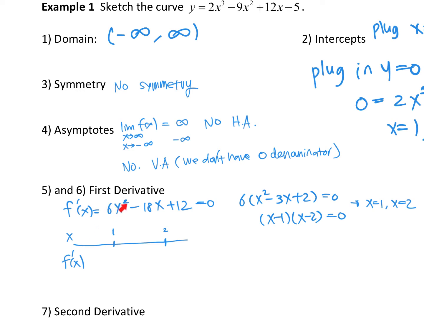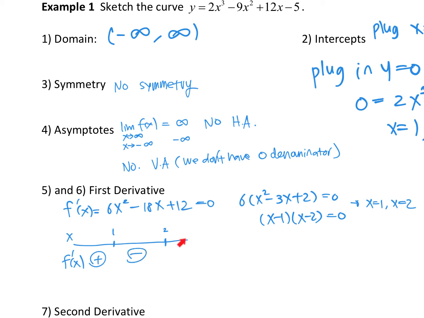Plug in 0 here: 0, 0, plus 12, so that's going to be positive. Pick a number here, 1.5, and plug 1.5 into the derivative. 1.5 minus 1 is positive, 1.5 minus 2 is negative. Positive times negative is negative.